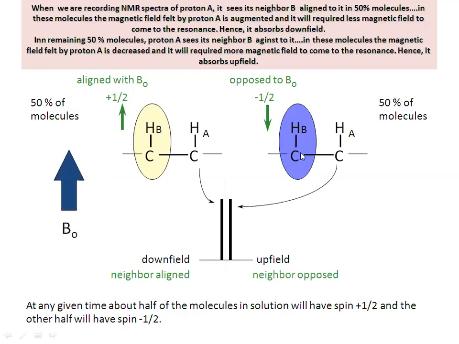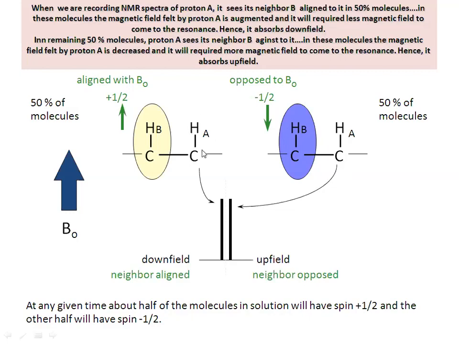In the second case, the remaining 50% of the molecules, if you are tracking the signal of HA, it can see its neighbor HB aligned opposite to the external magnetic field. So the net magnetic field experienced by this proton is going to be less. That's why we have to apply more magnetic field, and the proton comes to resonance upfield.